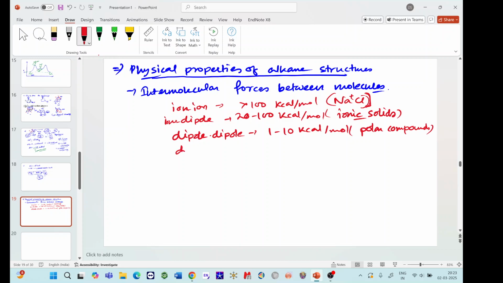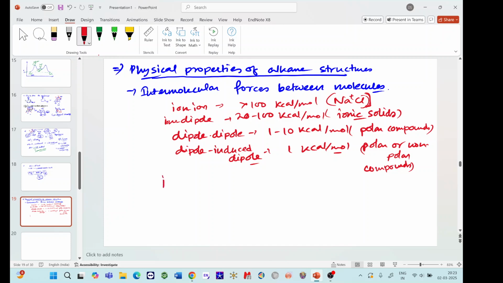Also you can have dipole-induced dipole, about 1 kilocalorie per mole, which you can observe between polar and non-polar compounds. Then you have induced dipole, basically called van der Waals, which is very small. That is a physical interaction, and it is general between atoms or molecules.